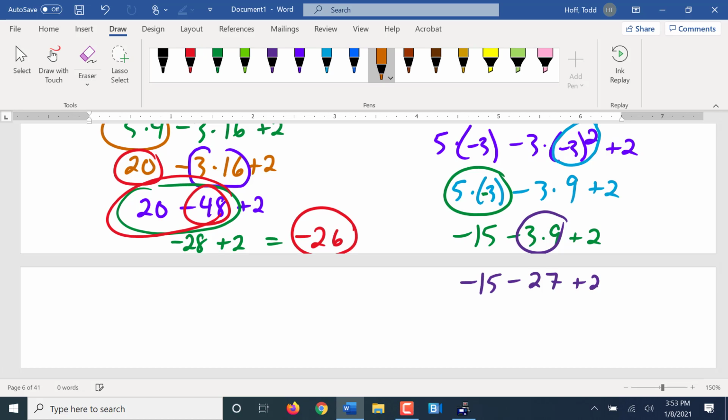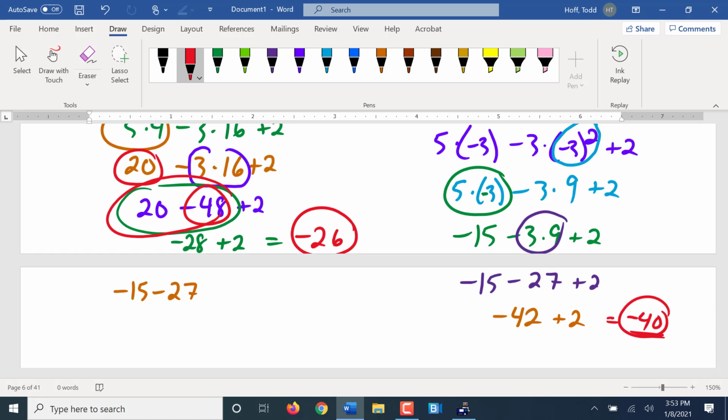So we get a little tricky here. Negative 15 minus 27. Negative 42, very good. And then negative 42 plus 2, negative 40, perfect.